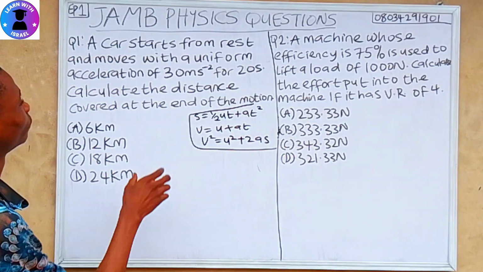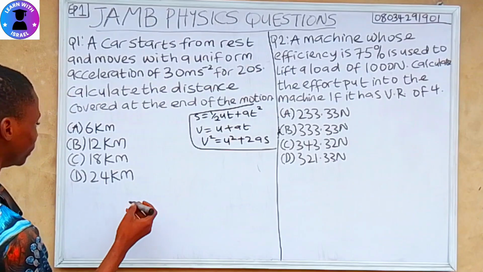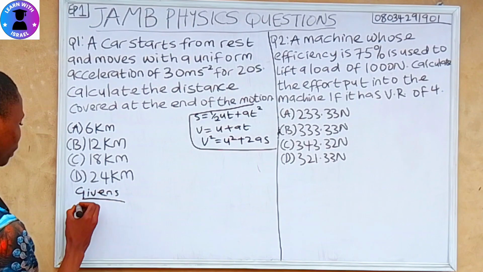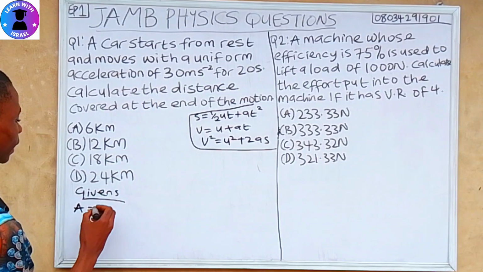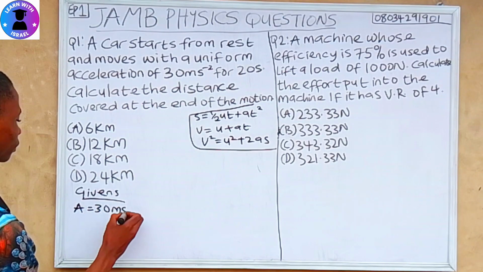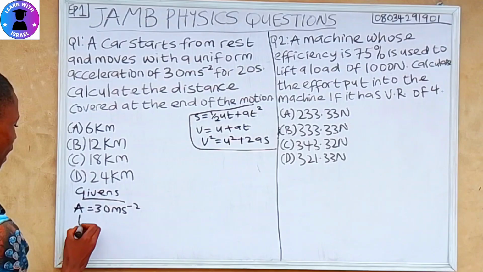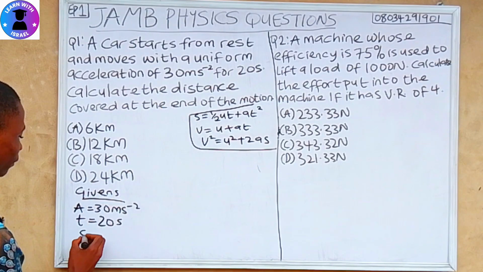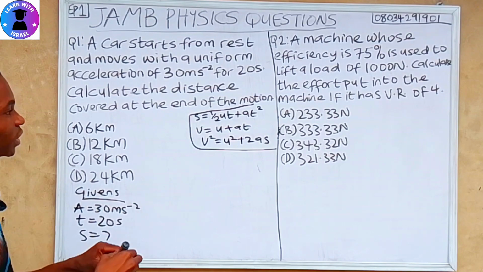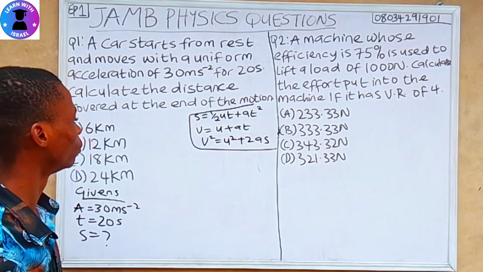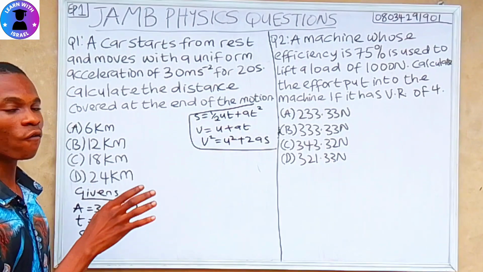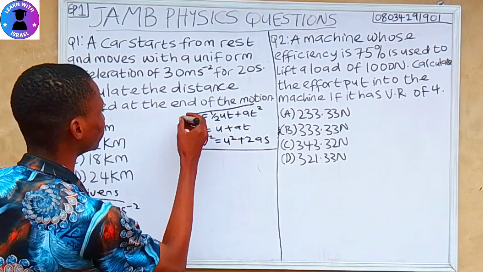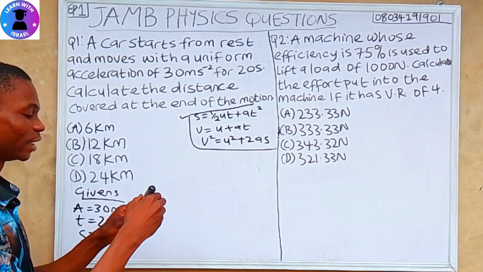So let's write out our givens. We have our acceleration as 30 meters per second square, and our time is 20 seconds. We are looking for our distance, which is represented as S. If we check all the formulas, the one that is suitable to solve the question is S equals ut plus half at squared.